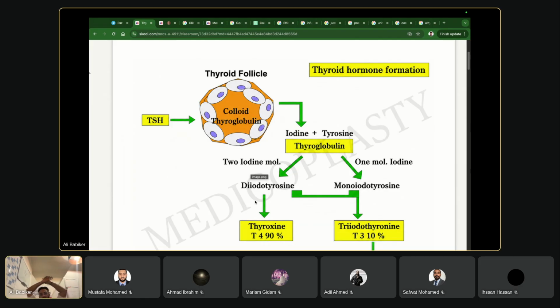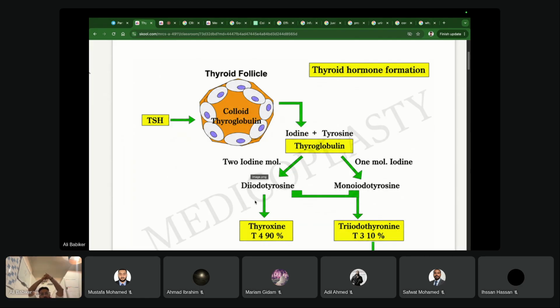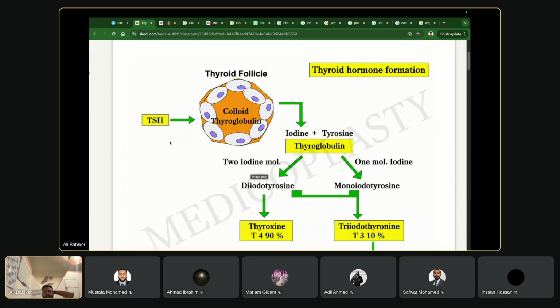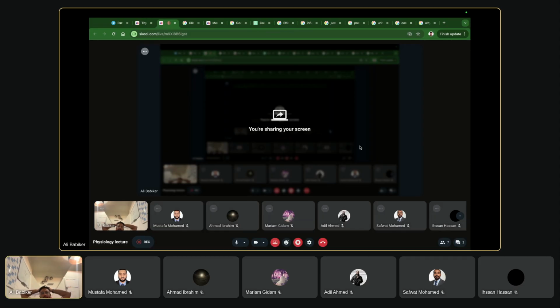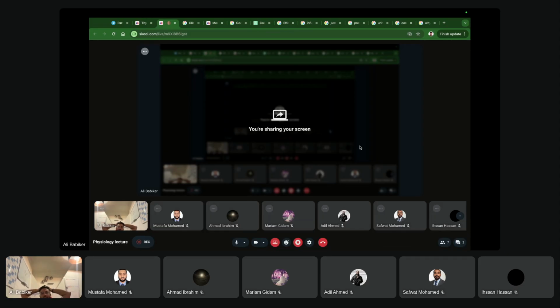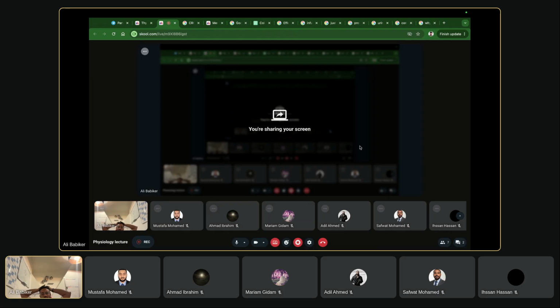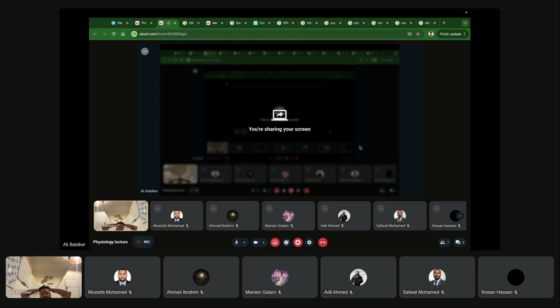What is the enzyme? It's called TPO. What does TPO stand for? Thyroid peroxidase. You need to remember this enzyme, very important, guys.